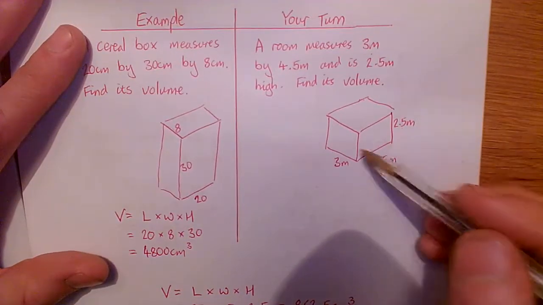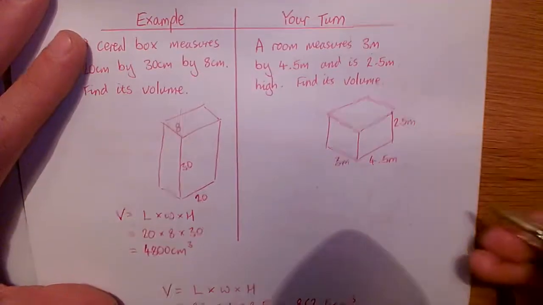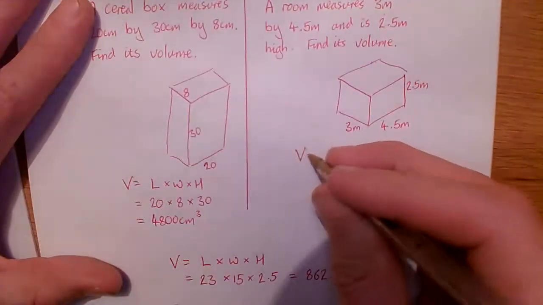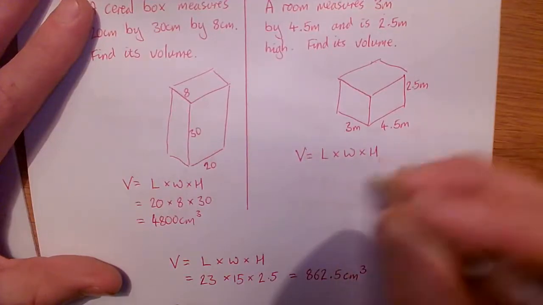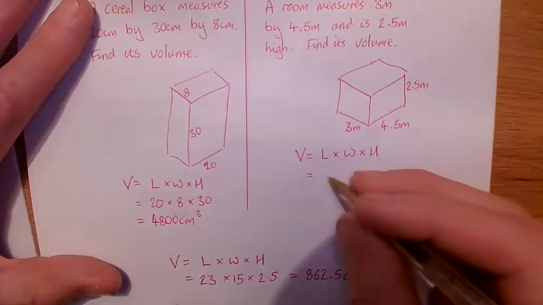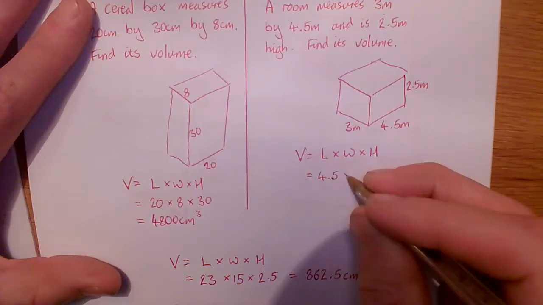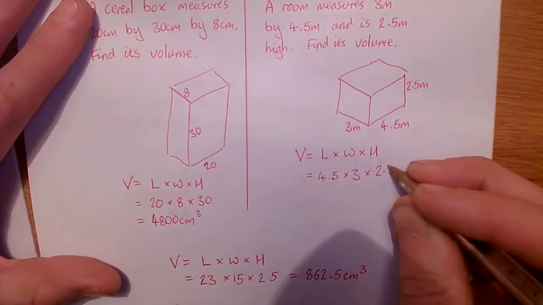Now, it doesn't matter if you've put the 2.5 here or here. It's exactly the same because it's always the height. So our volume is length times width times height. So putting our things in, we've got 4.5 as our length, 3 is our width, and 2.5 is our height.